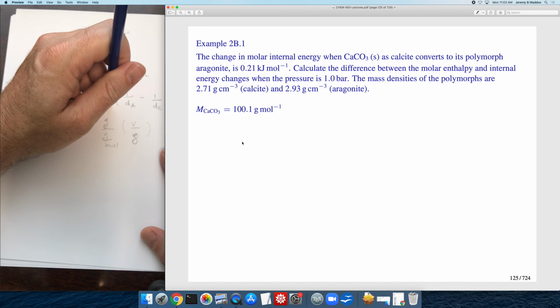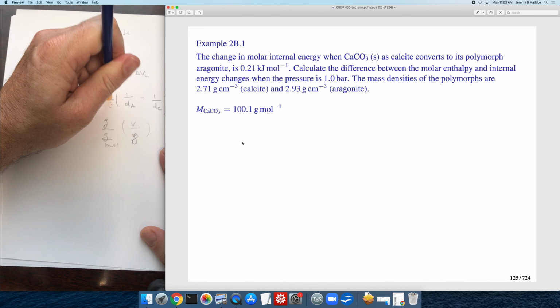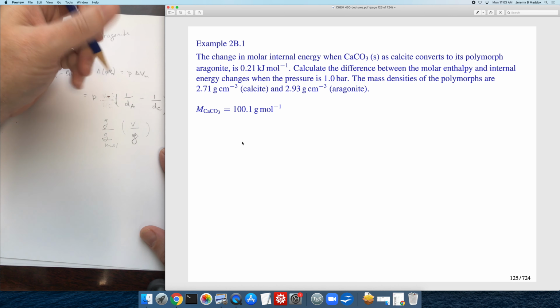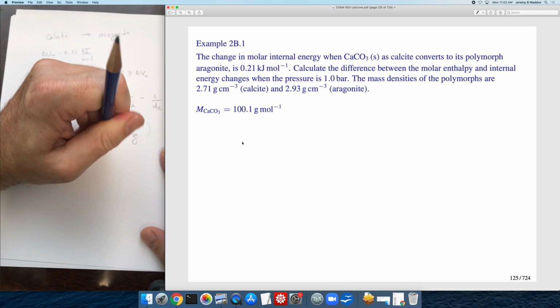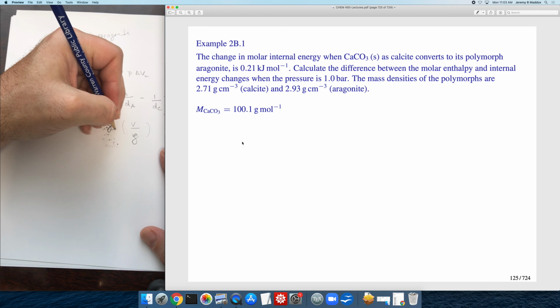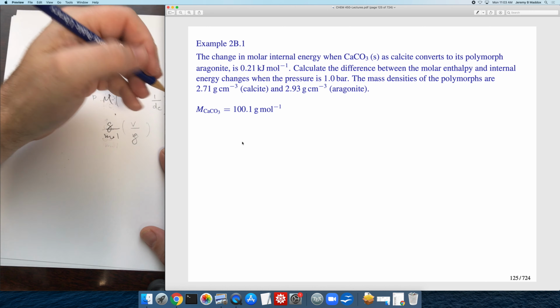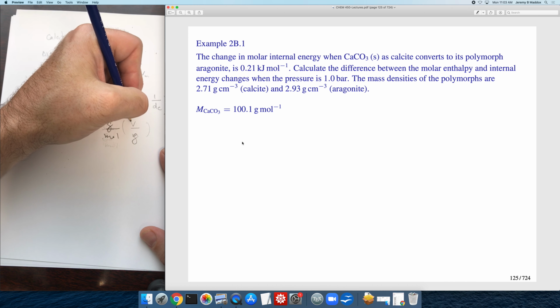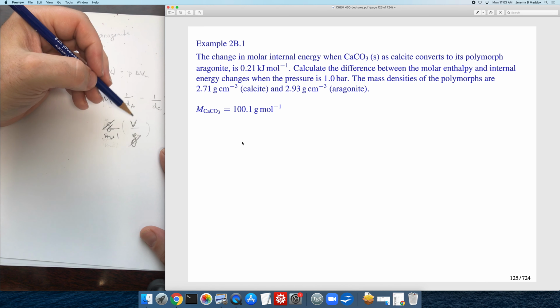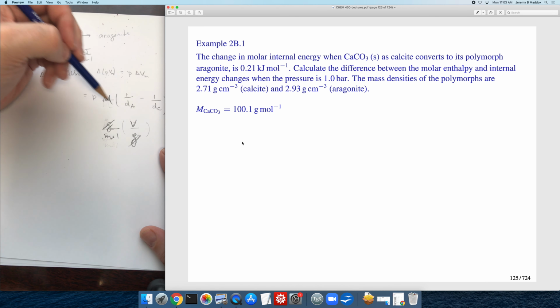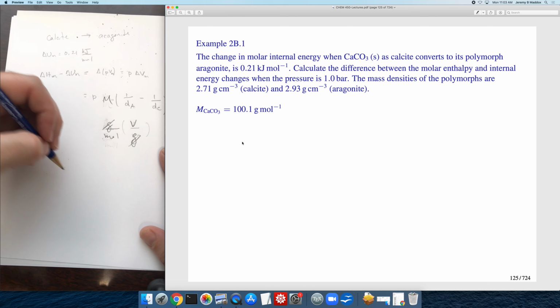What I needed to do was just multiply by the molar mass. So that's going to have the right units. So we've got grams per mole, then we're going to have whatever volume unit we use divided by grams. So that's going to work out. So that's going to be our volume per mole, which is what we want here, molar volume.